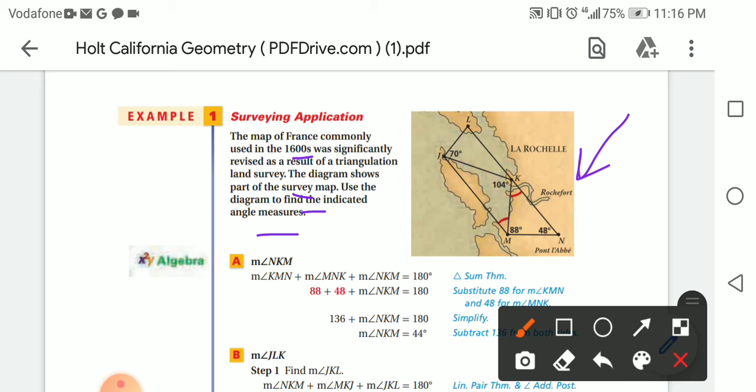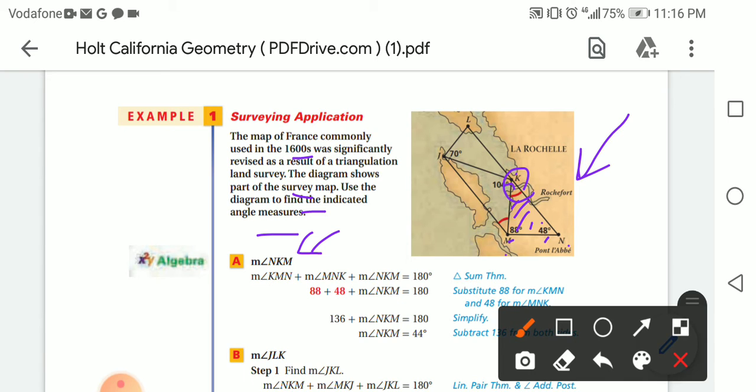He needs me to find the measure of angle NKM, the red one here. Okay, and what can you see, this shaded triangle, 88 degrees and 48 degrees is given, and I have some missing one.